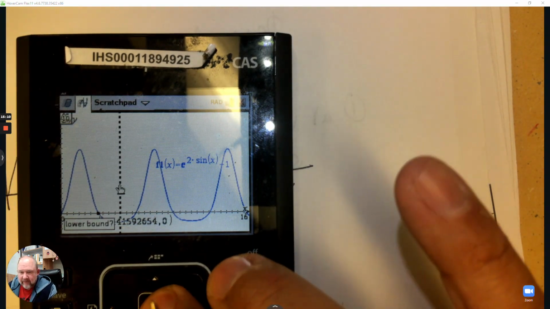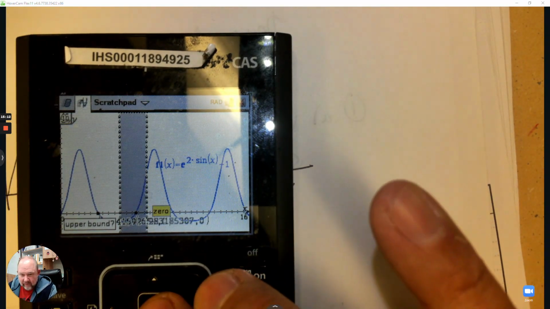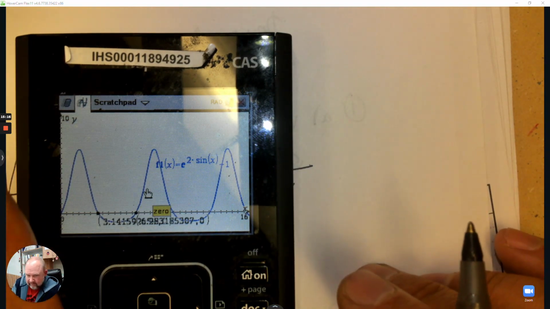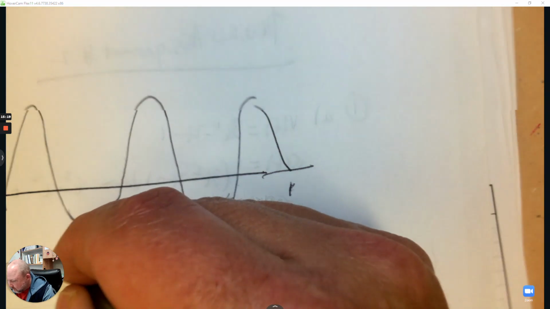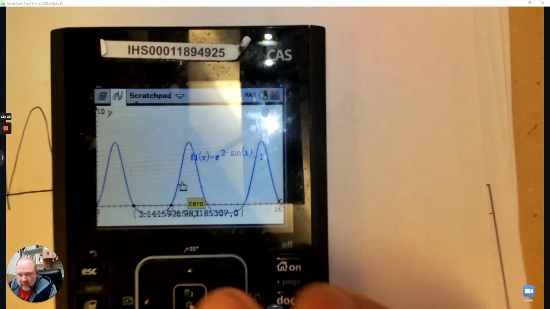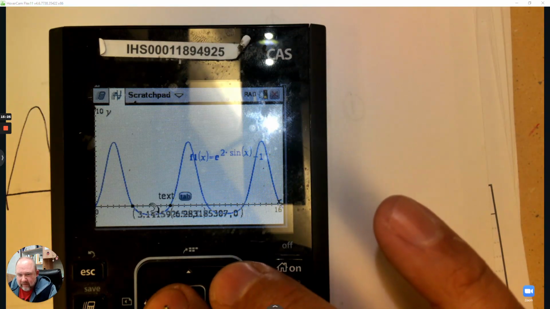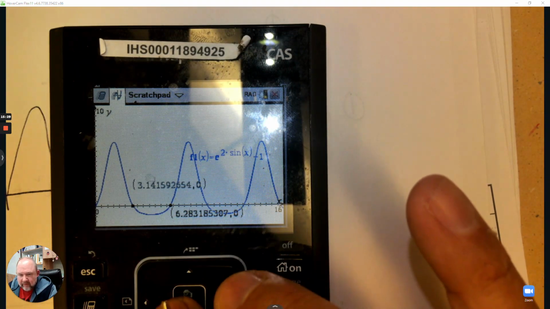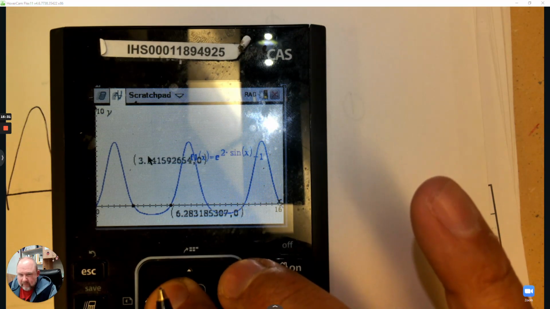So the next zero is at 3.141. Oh, we just did that one. Let's do the next one. I think there's two there, so I'm going to grab this one and move it so I can see the next one. There we go. So the next one is 6.283.